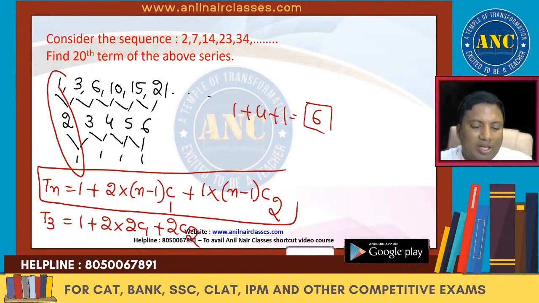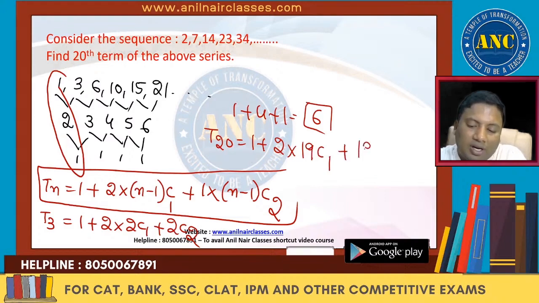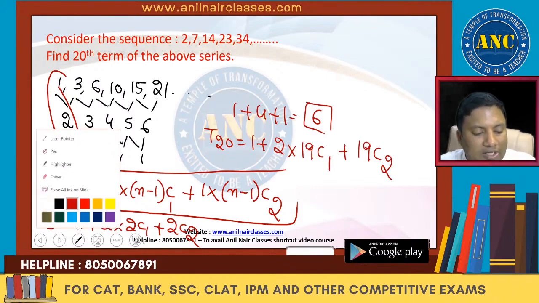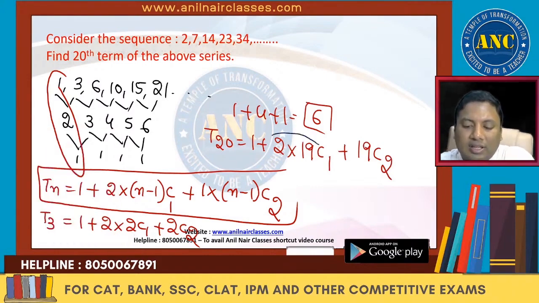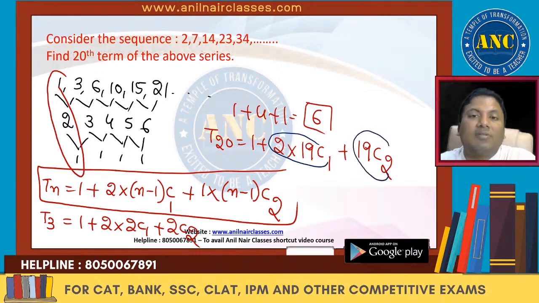So if I want the 20th term, what will be the answer? 1 plus 2 into (20 minus 1), that is 19 C1, plus (20 minus 1), that is 19 C2. Go by the answer options. These are divisible by 19, so the answer when divided by 19 should give a remainder 1.